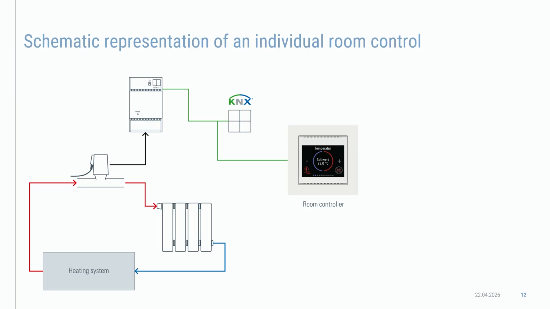This will open or close the actuator or the valve depending on the controller specification. As a result, the radiator emits its heat to the room. The room temperature is therefore always adjusted to the desired set point temperature. The red arrows show us the hot water flow to the radiator, and the blue arrows show us the return water flow or the cooler water.